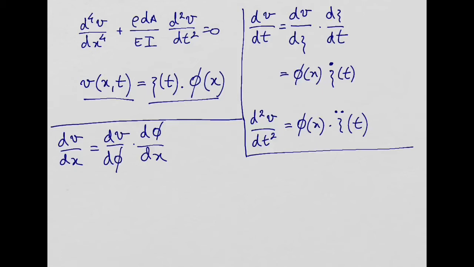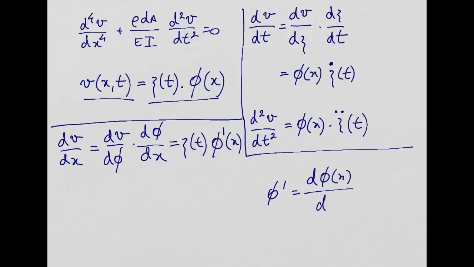Chain rule. So this is going to be equal to the derivative of this in order to phi is xi. The derivative of phi in order to x is going to be, I'm going to do phi prime x. So this phi prime is the derivative of phi in order to x. All right? To make it clear here.